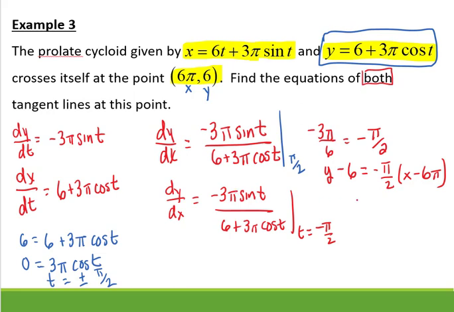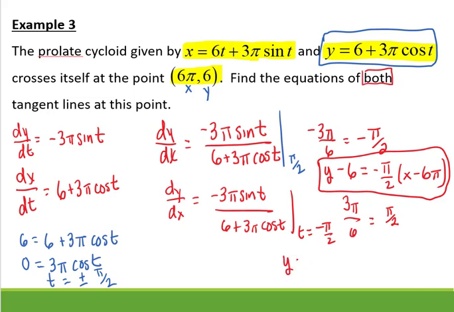Negative, that's 0, so I get a 6. So my slope is a positive pi over 2. I think it's kind of fun that the slope is the opposite of at the t. I don't know, I just found that kind of fun. So x minus 6 is equal to pi over 2, x minus 6 pi.